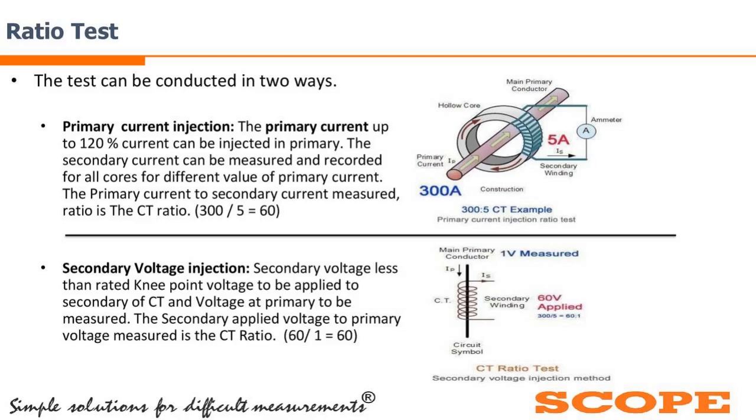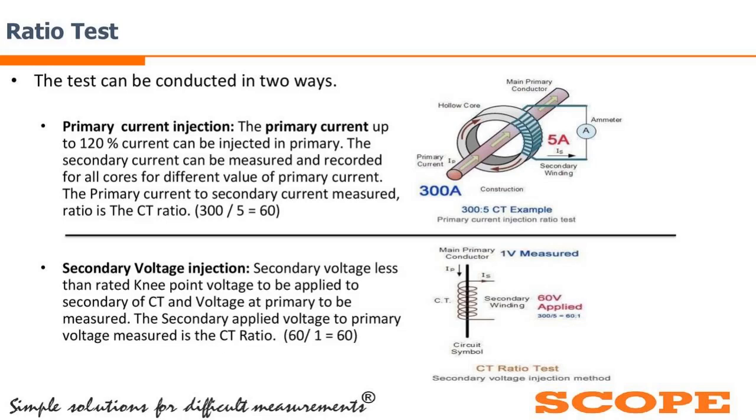And the second one is the secondary voltage injection method. Here, in the secondary voltage injection, we inject some voltage from the secondary side of the current transformer, and we measure the voltage on the primary side, and the ratio, secondary voltage divided by primary voltage, is the CT ratio.